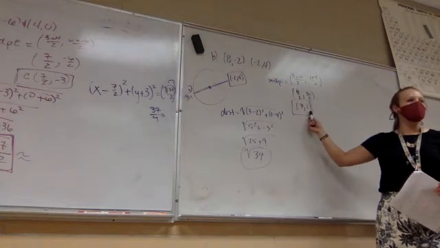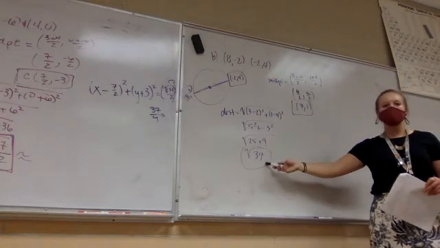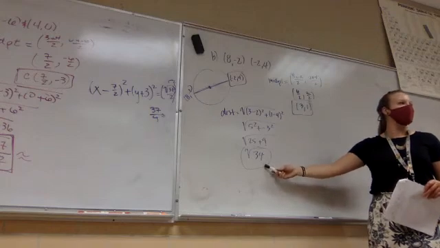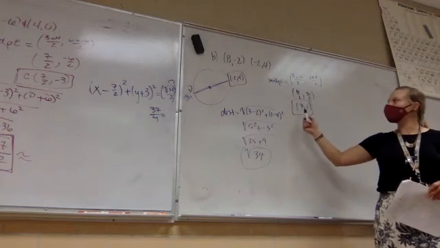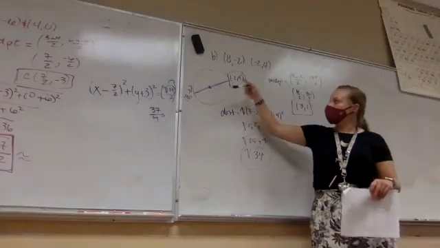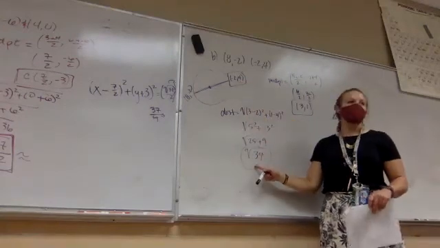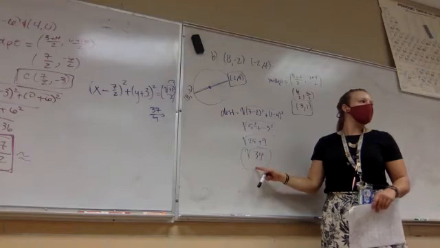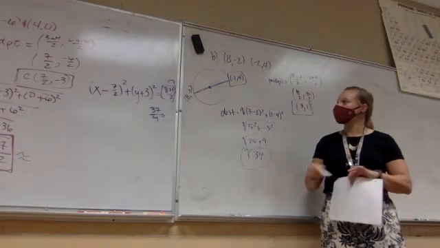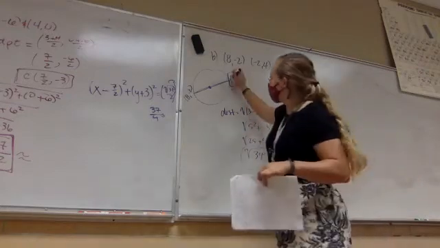How are we doing with the center? How are we doing with the distance? Again, since I did from the midpoint to negative 2, 4, I didn't have to divide this by 2. I've already found this distance right here.